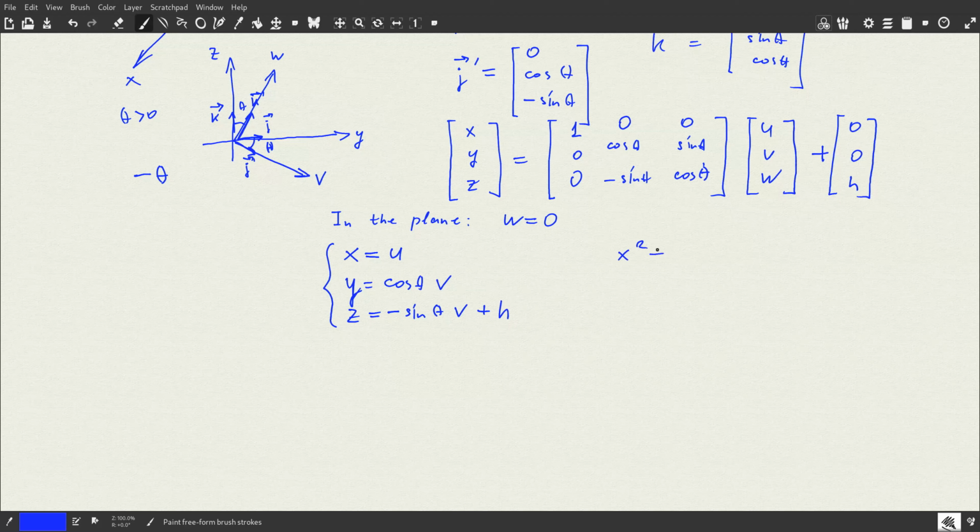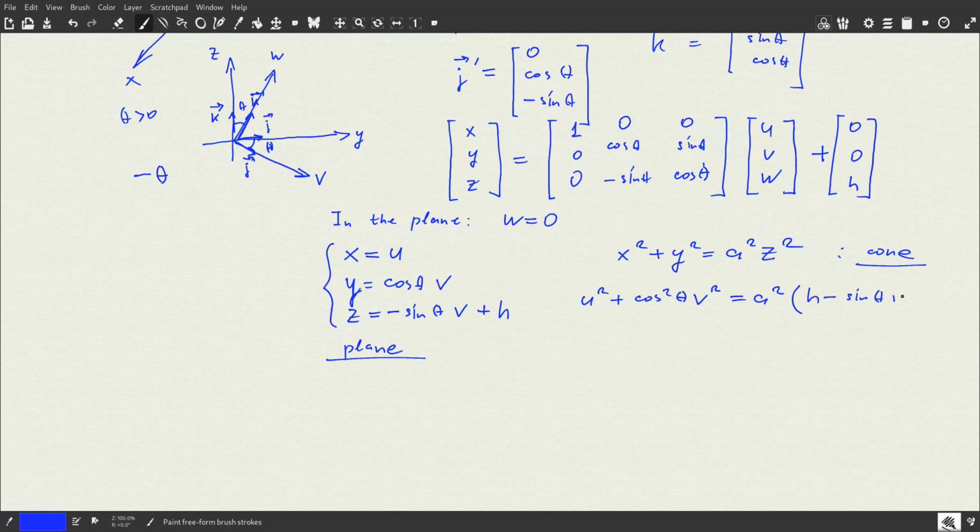Now, we have the cone equation. You remember, x squared plus y squared equals a squared z squared. That's the cone. That's the plane. Substituting the plane equations into the cone equation, we have u squared plus cosine squared theta v squared equals a squared times (h minus sine theta v) squared.